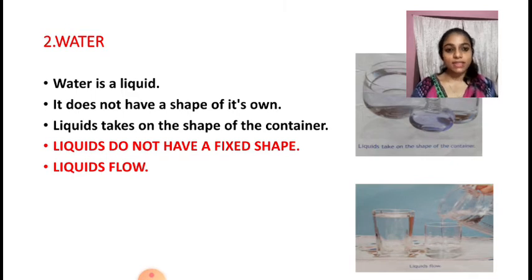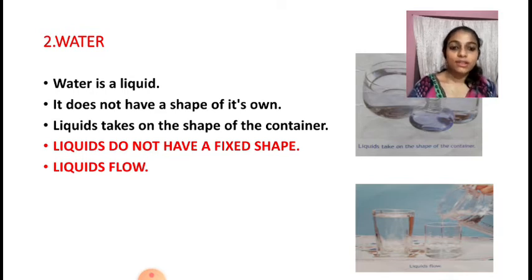So we can say that liquid or water does not have a fixed shape. The liquid takes on the shape of the container. In whatever container we take the liquid, it will take the shape of that particular container.